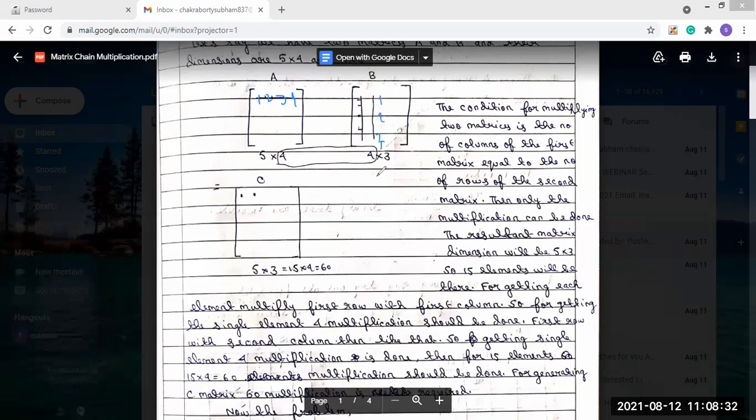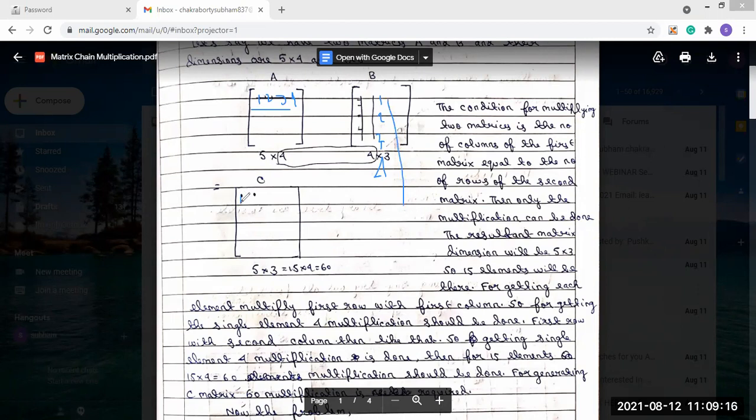For each element in the resultant matrix, the first element of A is multiplied with the first element of B, plus the second element of A multiplied with the second element of B, plus the third with the third, and the fourth element of A multiplied with the fourth element of B.